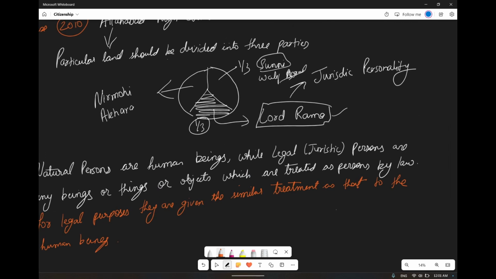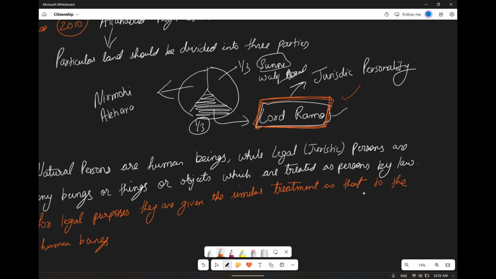So now Lord Rama has become that juristic entity, a juristic personality, where he will be treated as a human being. Okay, and on that basis the judgment will be given.